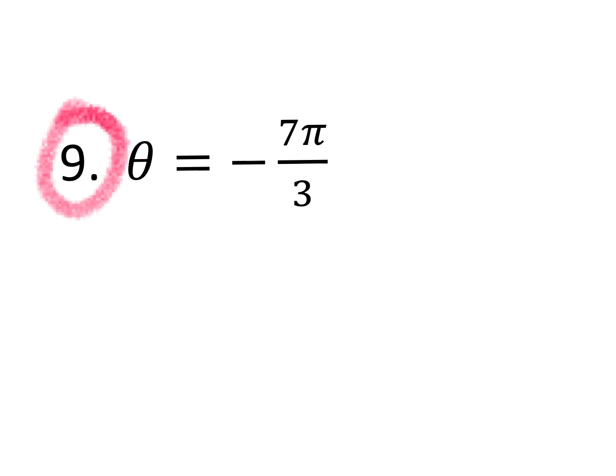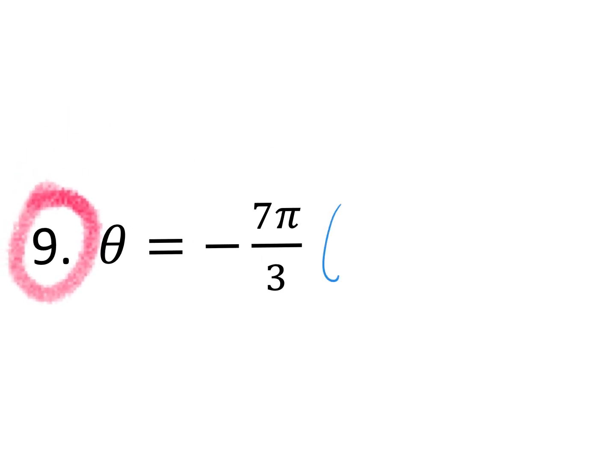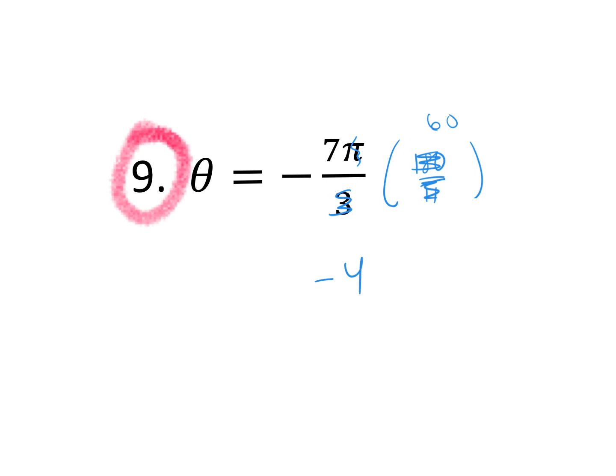Is that negative important? Yes, so make sure we keep it there. Let's go ahead and convert. So I have pi on the bottom, 180 on the top, so my pi's cancel. 3 goes into 180 60 times, so I have negative 7 times 60. What is that? Negative 420.